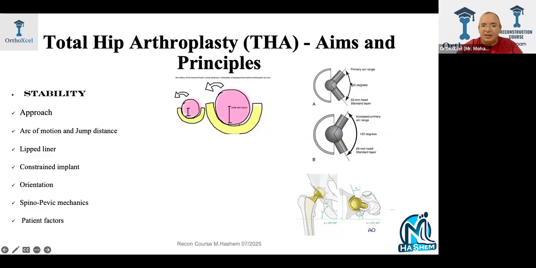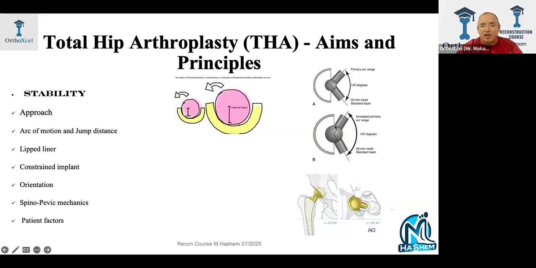If I have a smaller head, my arc will be that. From the most extreme position, if I go more than this, the head will come out, and if I go more than this, the head will come out this way. So the arc of motion between the extreme abduction and the extreme adduction is about 100 degrees.